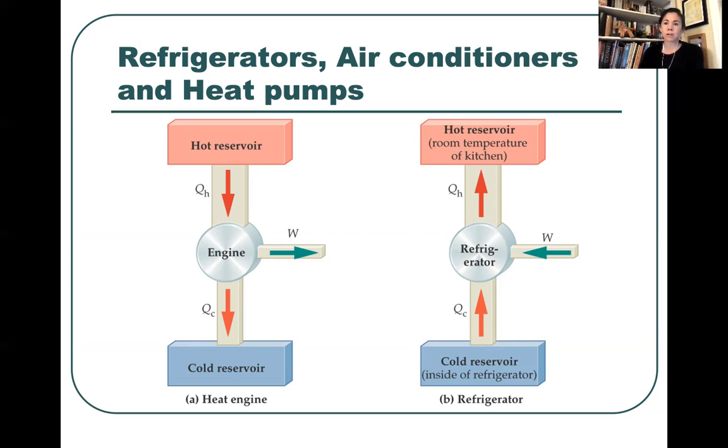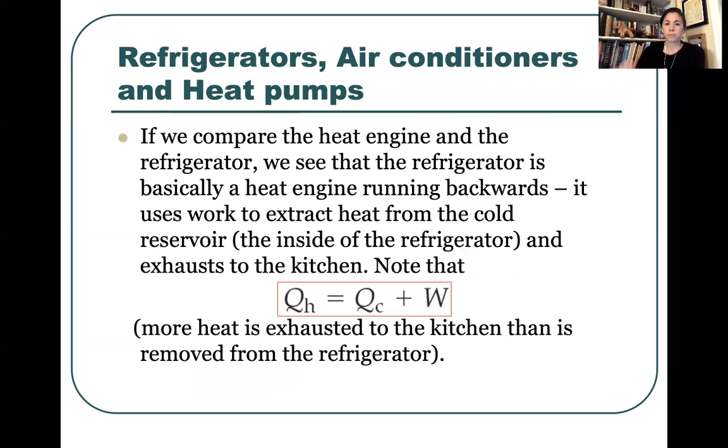So we're pulling heat out of that and dumping it in the kitchen. And because we're taking heat from the cold reservoir and then that's going into the hot reservoir, according to the second law of thermodynamics, we actually have to provide work to do so.